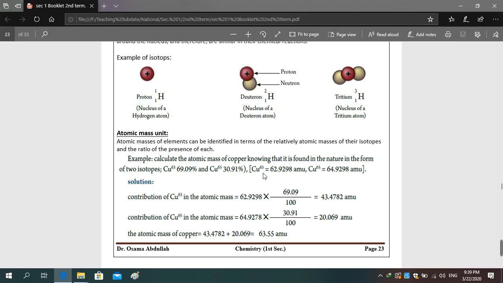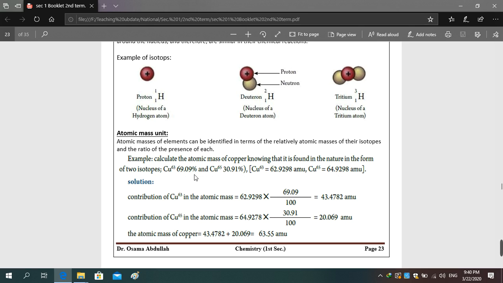The atomic mass of copper 63 equals 62.9298, and the atomic mass of copper 65 is 64.9278. This information will be given in the problem.